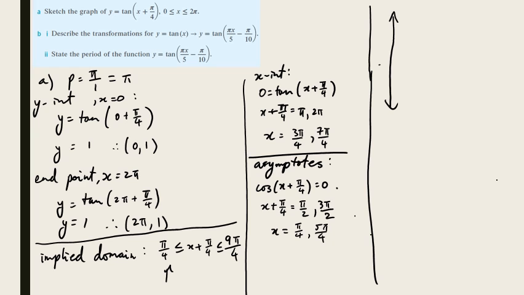Now let's sketch it in. So remember, put in your asymptotes first. So proportional, that's better.